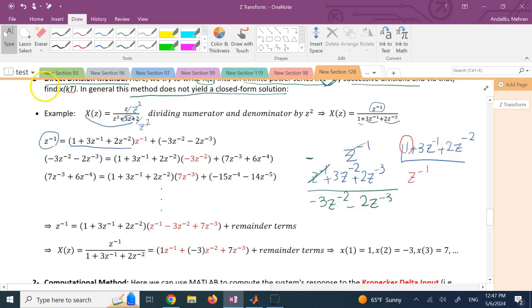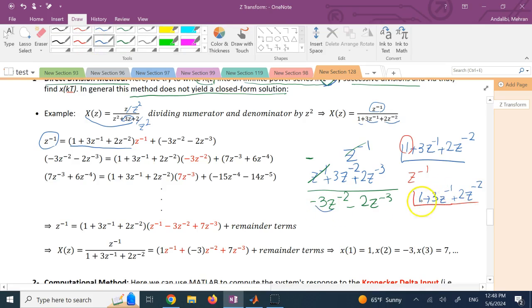And again, you divide it again by this denominator. So you divide the remainder. So now the term you will get is this guy divided by that.